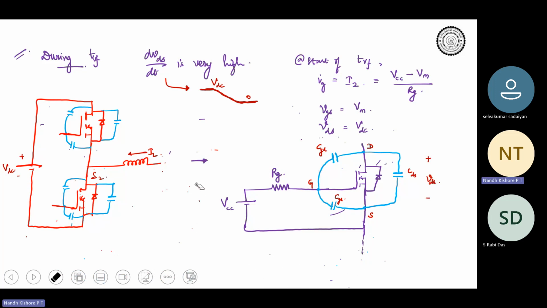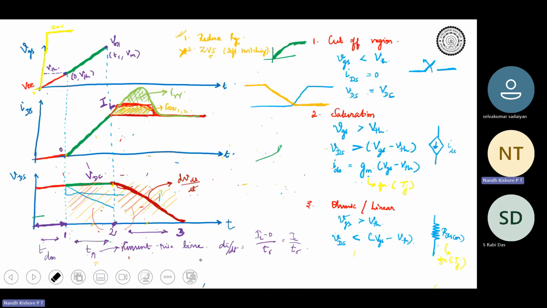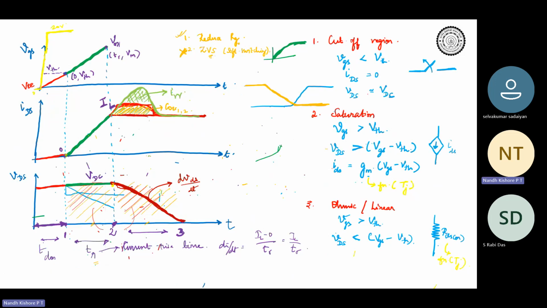Do you understand this? The device is turning on, right? So from this also we see, over here, the voltage is falling. dVds is falling from VDC to zero, right? So dVds by dt is negative, correct? Do you understand?